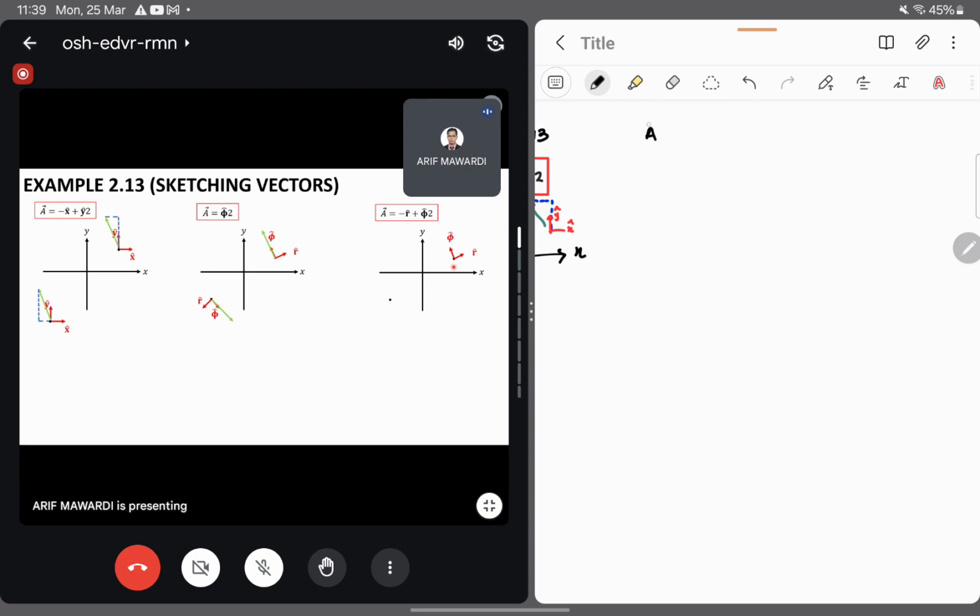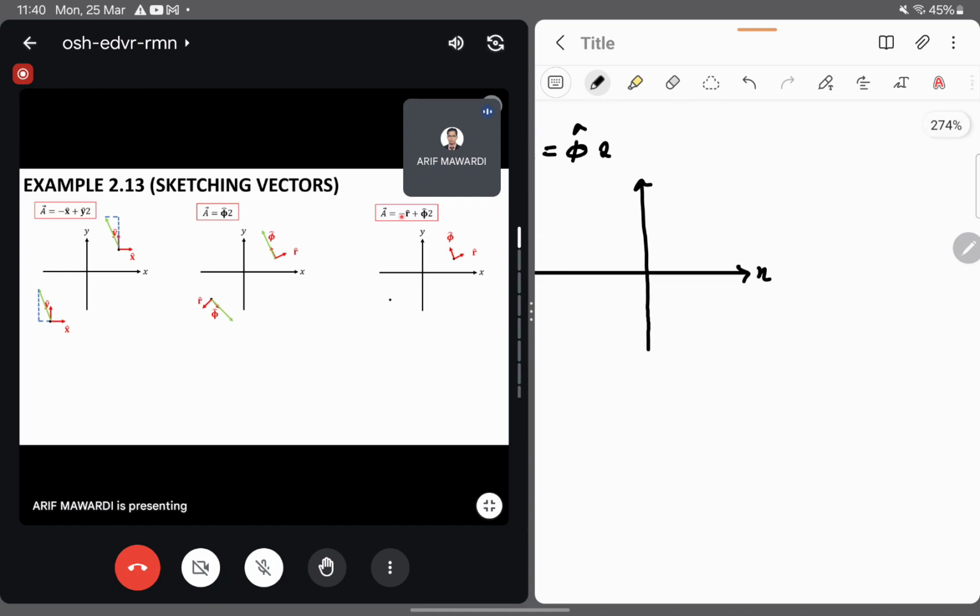So now you see that this vector has both the r component and the phi component. For the phi component, it is positive, and the unit is 2 units. Therefore, it should be along this direction.